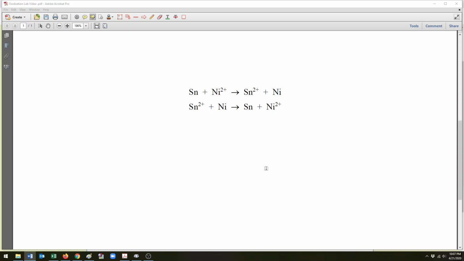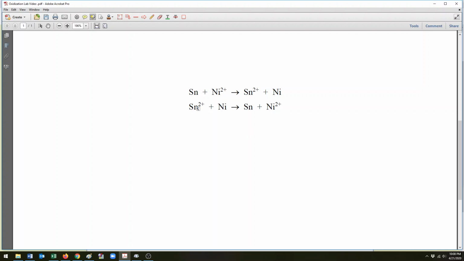And depending upon which one actually occurs, we should be able to identify which one of them is better at oxidizing the other. So here in this reaction, nickel is stealing electrons from tin and winding up neutral. So in the top reaction, nickel is doing the oxidizing.